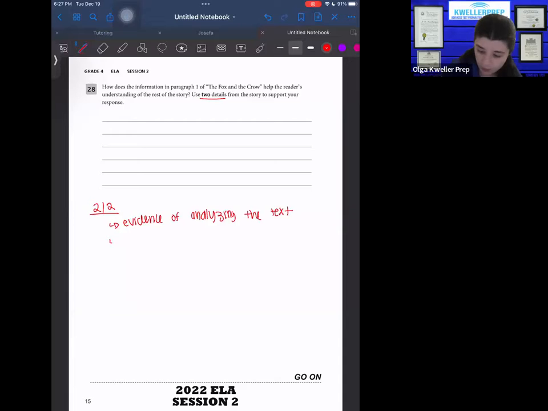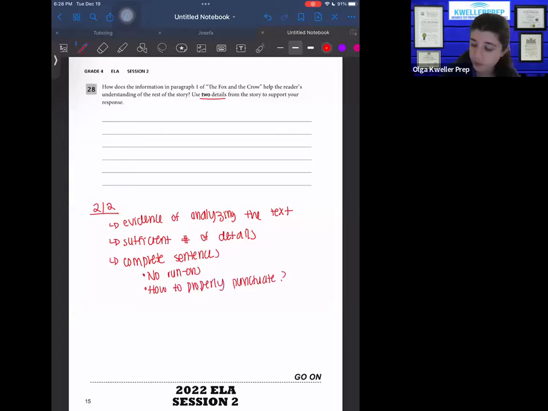Sufficient number of details. And grammar matters, so complete sentences. So this teaches students no run-ons. Here we also review how to properly punctuate. So we review commas, semicolons, periods.